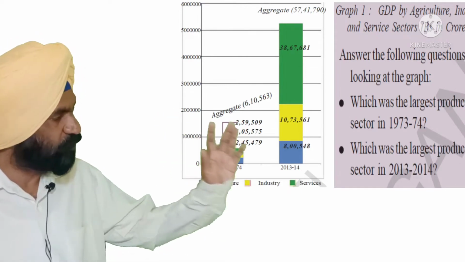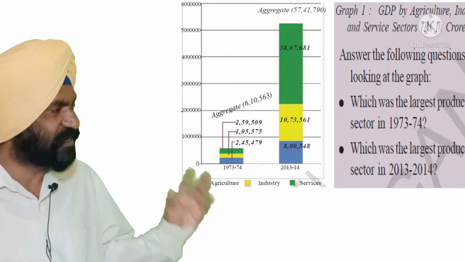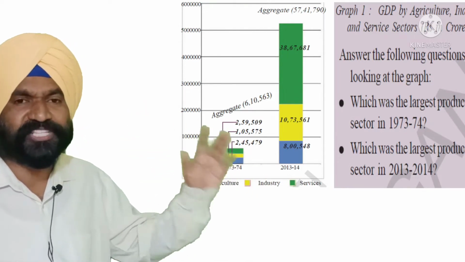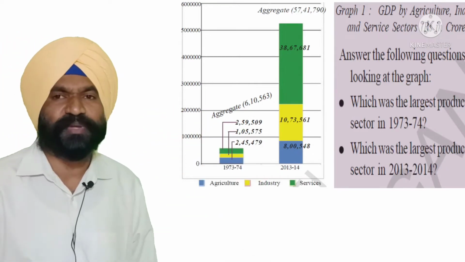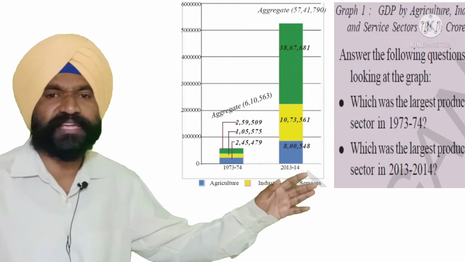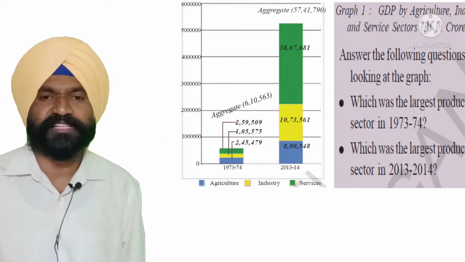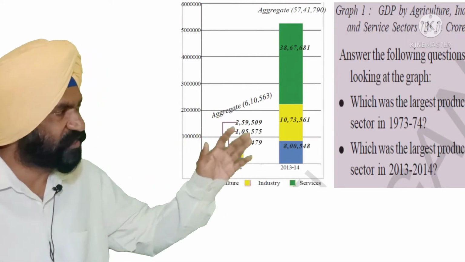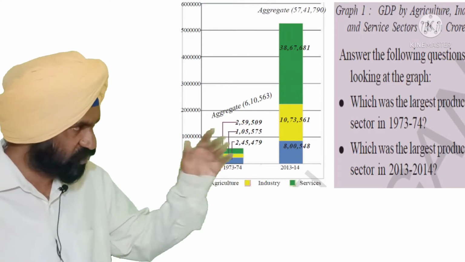Now if you come to 2013-14, the agriculture sector has given its part in GDP as 8 lakhs 548 rupees in crores. Now for the year 2013-14, the GDP from agriculture was 8 lakhs 548, and from the industrial sector, that is the secondary sector, it is 10 lakhs 73,561.